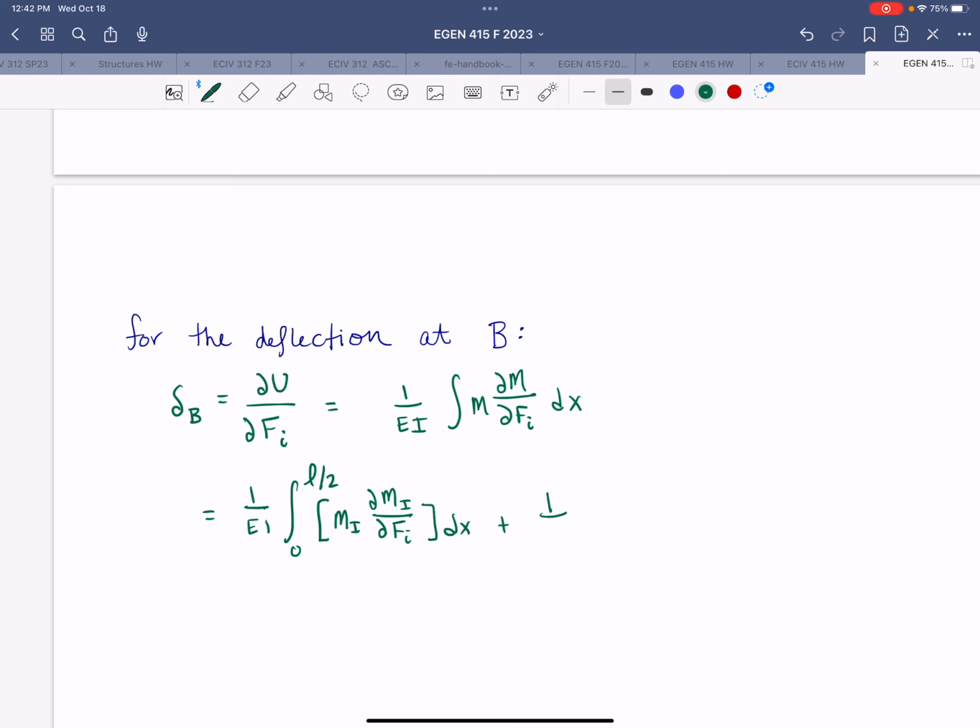And then our second region integral will be from L over 2 to L, and we'll use our expression for moment in region 2 for this term.